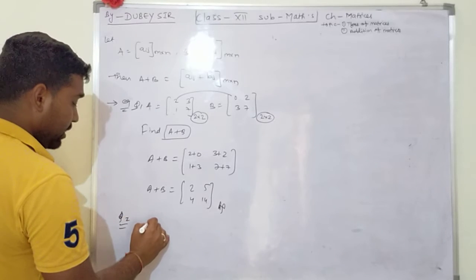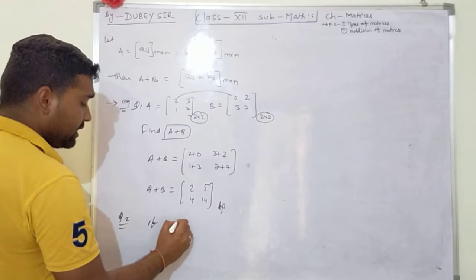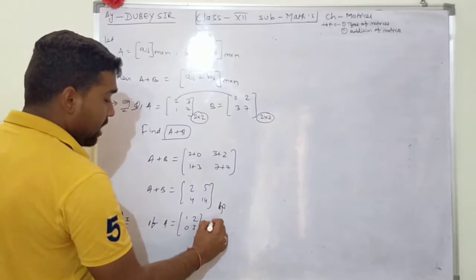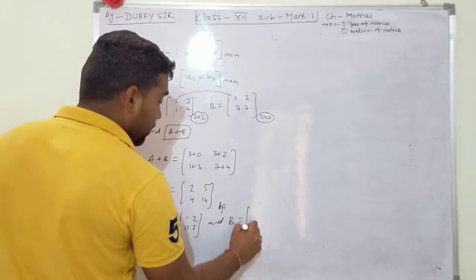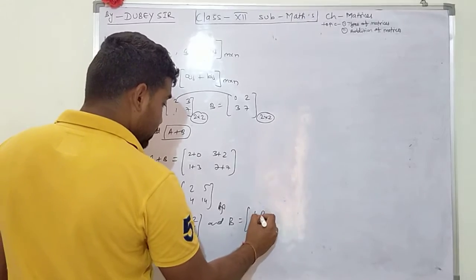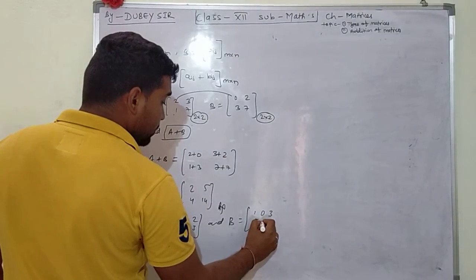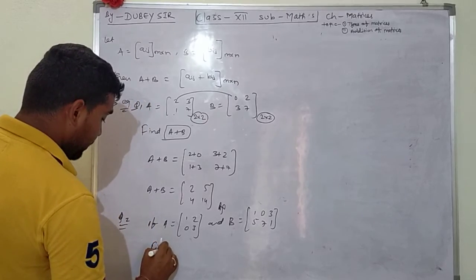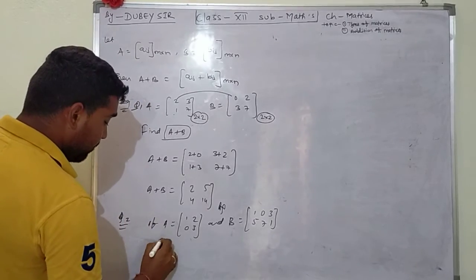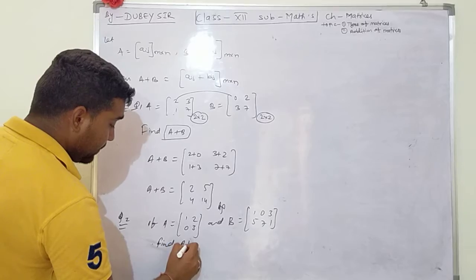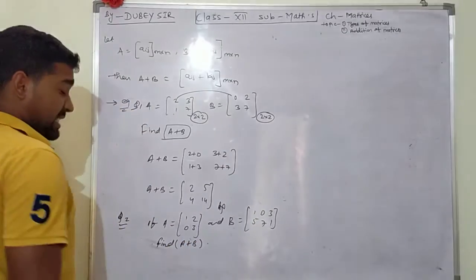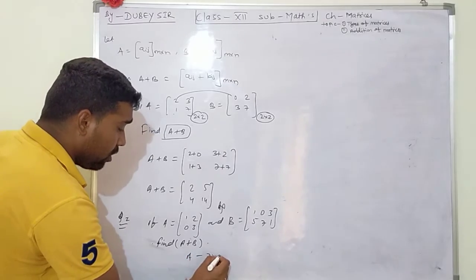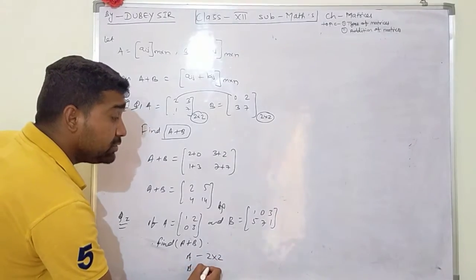Next example: if A is the matrix [1, 2; 0, 3] and B is the matrix [1, 0, 3; 5, 7, 1], find A plus B. This is not possible. A has order 2 by 2 and B has order 2 by 3.